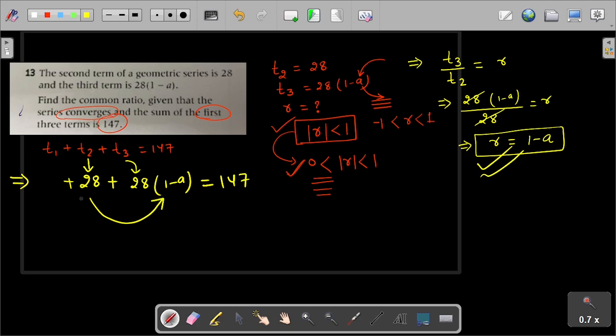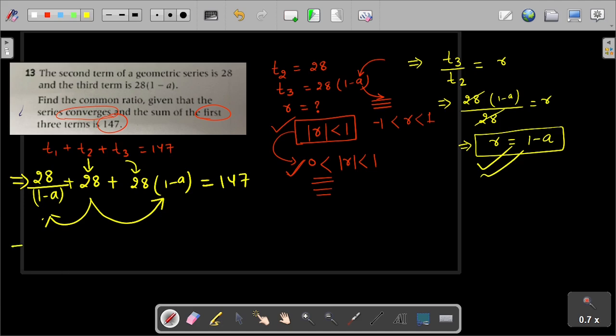So if you think in a reverse manner, the first term may be 28 upon r, and my r is 1 − a. So we can write 28 upon (1 − a). When you multiply by (1 − a), you get 28. Again, if you multiply, you get 28(1 − a).